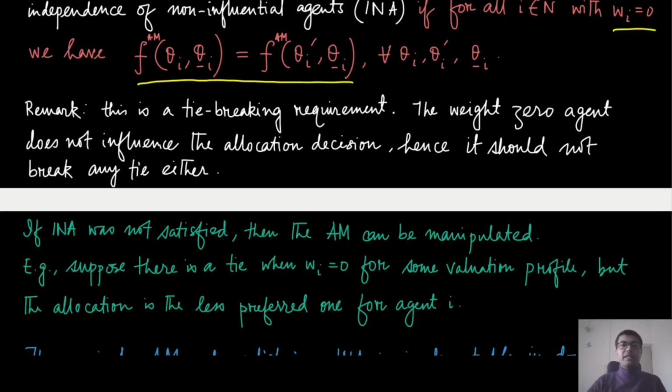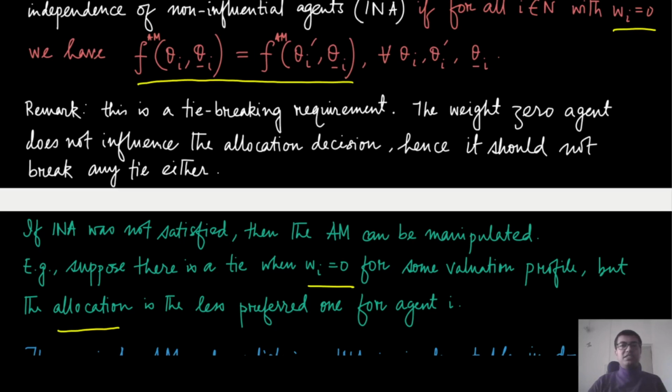If you are going to break the tie by picking the allocation which is the less preferred one, then between A1 and A2, let's say this player i, who has a weight equal to 0, prefers A2 to A1, but the outcome in that tie-breaking rule is A1.